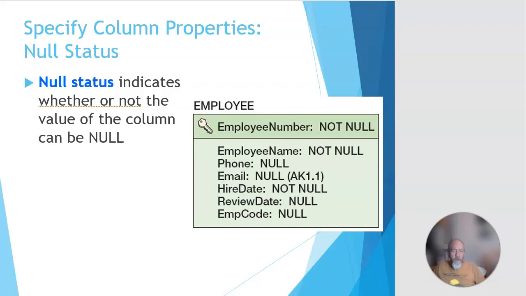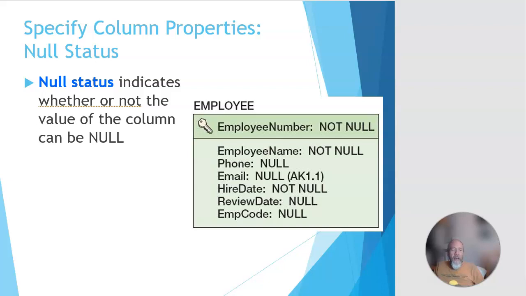An employee number with no employee name would be a very difficult table to use for end users. So you're going to be making those decisions as you're building the tables, for every single column or field, or if you're looking at ERDs, every single attribute, whether it can be null, in other words no value there, that's what null means, or not null.